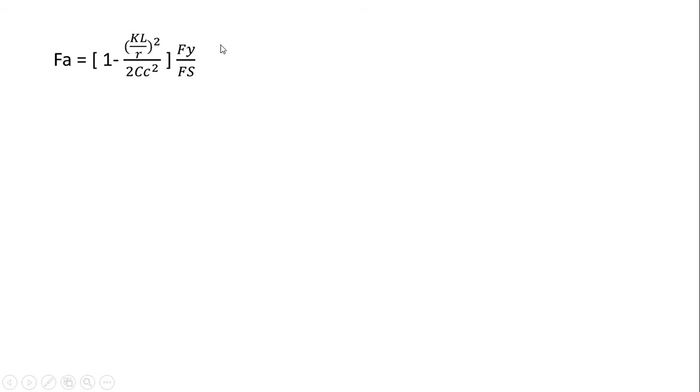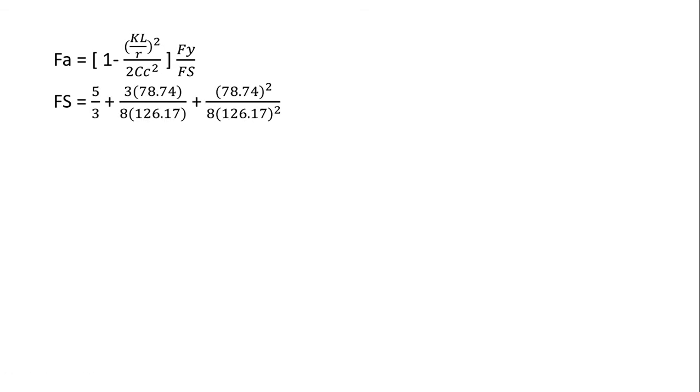Since we don't have the value of Fs yet, we need to solve for it first. So, Fs is 5 over 3 plus 3 times 78.74 over 8 times 126.17, minus 78.74 cubed over 8 times 126.17 cubed. So, Fs is 1.87.